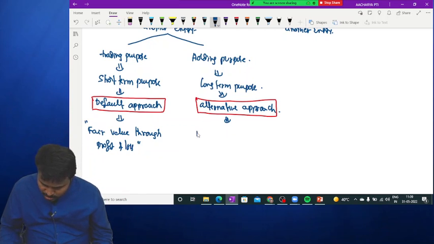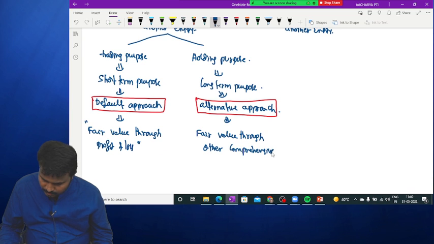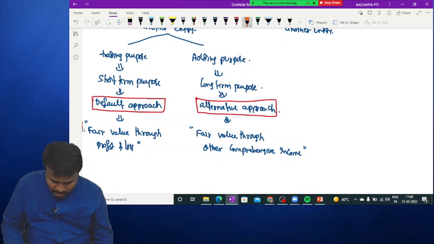And this approach is called as what? Fair value through other comprehensive income.